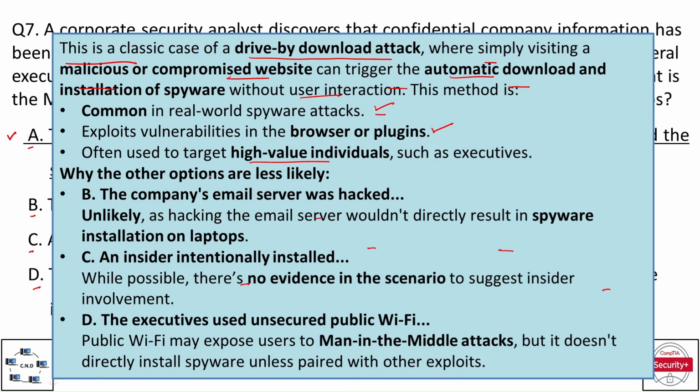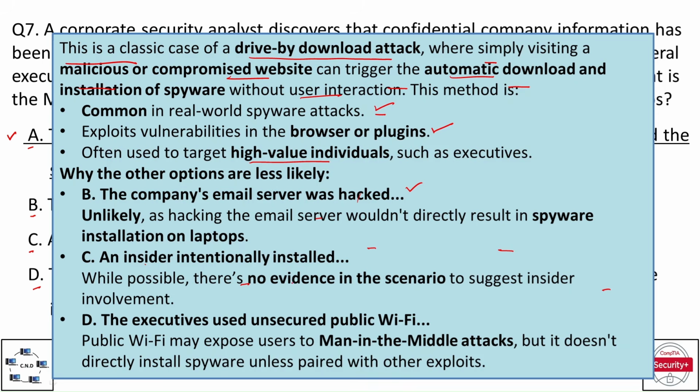Why are other options less likely? Option B, the company's email server was hacked. This is unlikely, as hacking the email server would not directly result in spyware installation on a laptop. Option C, an insider intentionally installed.